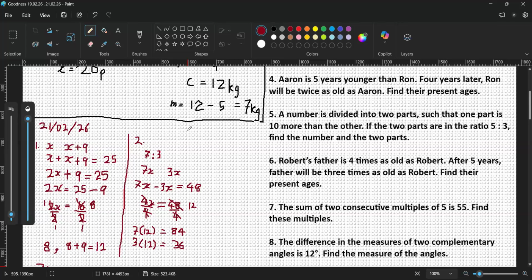Would you say 5 minus your age, or your sibling's age minus 5? Which one would you do? Sibling and my age minus 5. Now it will be your age minus 5 if you are the one that's older, isn't it? Yes, sir.